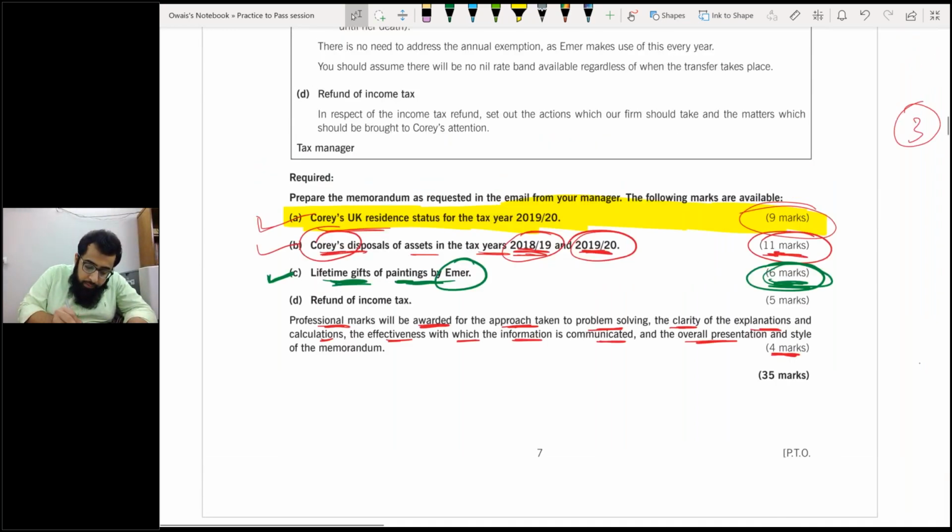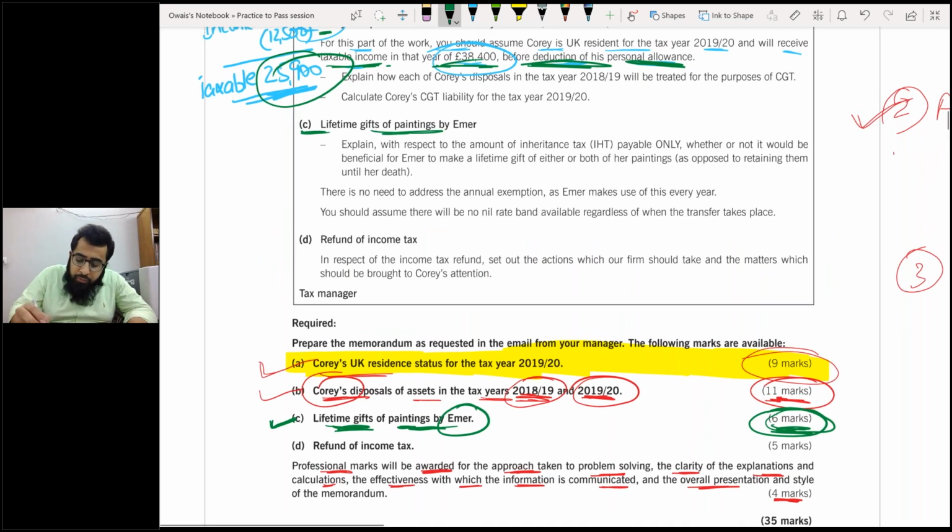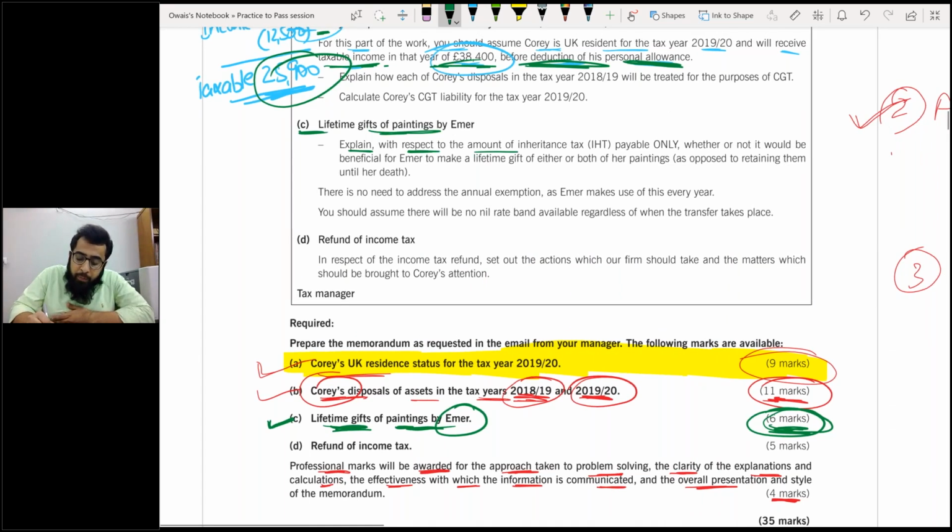In part C, he is asking us to explain, with respect to the amount of inheritance tax payable only, whether or not it would be beneficial for Emmer to make a lifetime gift of either or both of her paintings as opposed to retaining them until her death.